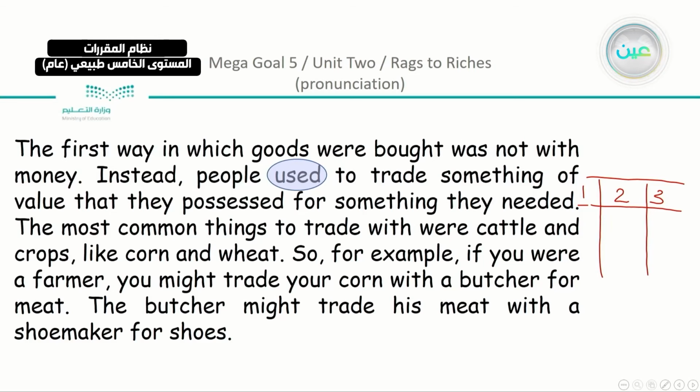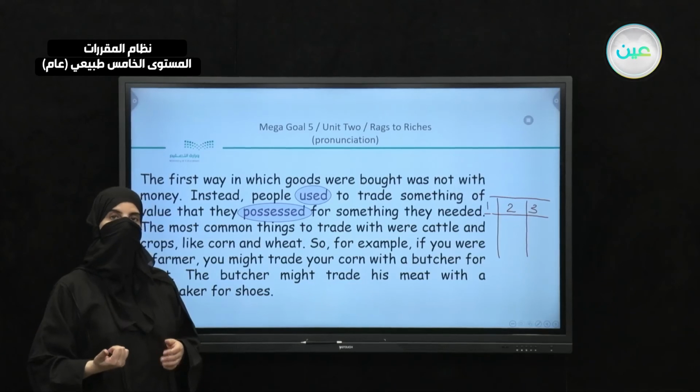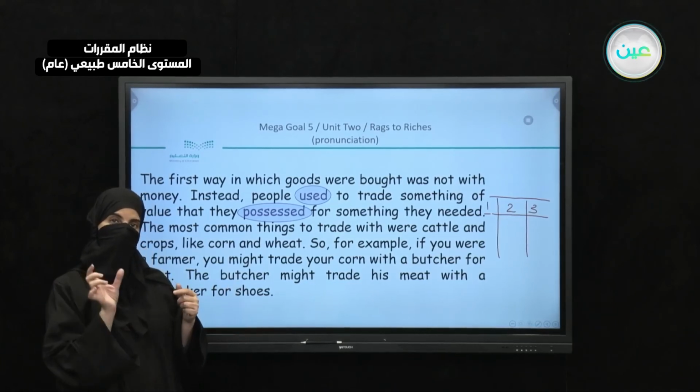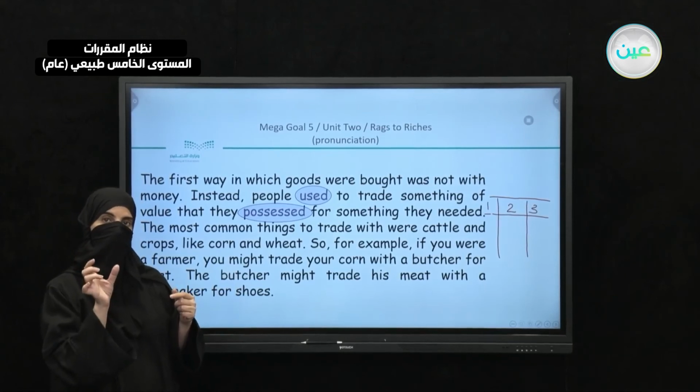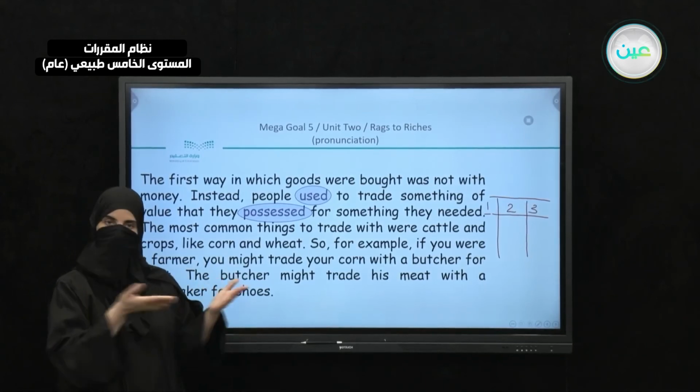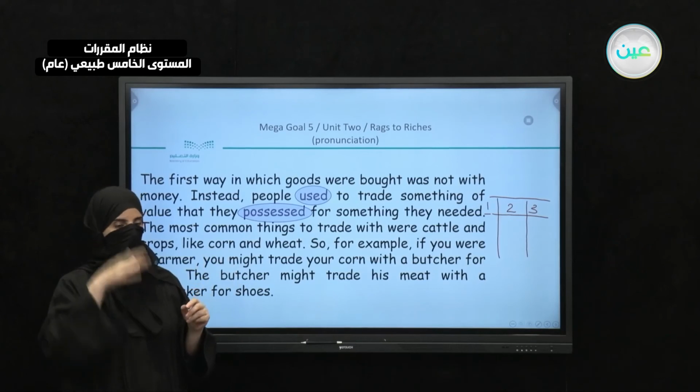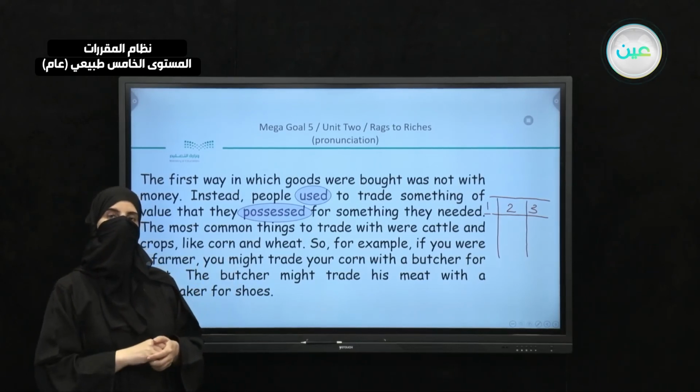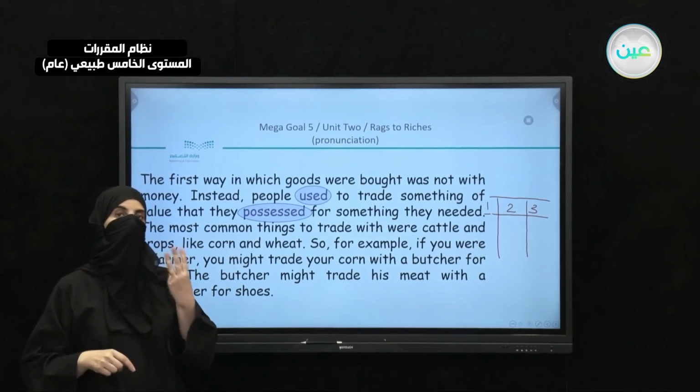And then if you look around, you'll find the second one, which is possessed. Now if you say used and possessed, are they the same pronunciation of the ED? Specifically the ED. If you think so, it's up to you. If not, you're going to put it in column number 2.